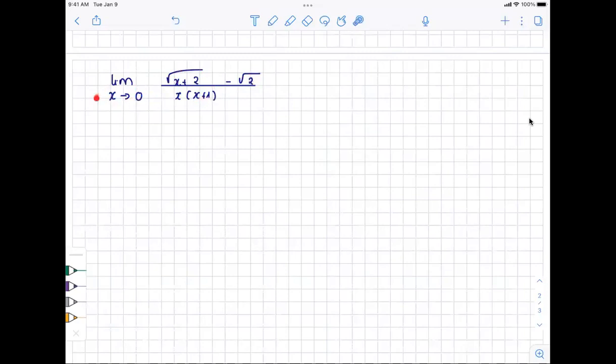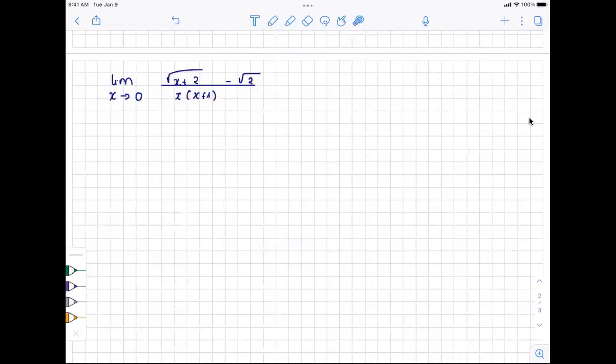Okay, so now two important things. In the limit as x approaches 0, do we have a 0 in the denominator if we use direct substitution? Yes, right? If you substitute 0 for x here, the numerator will be fine.